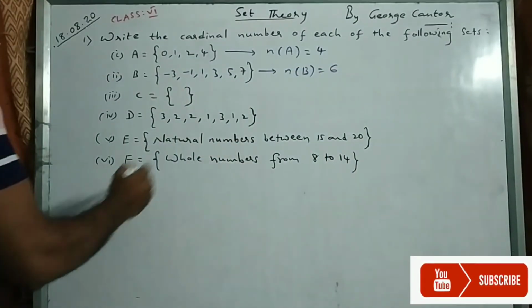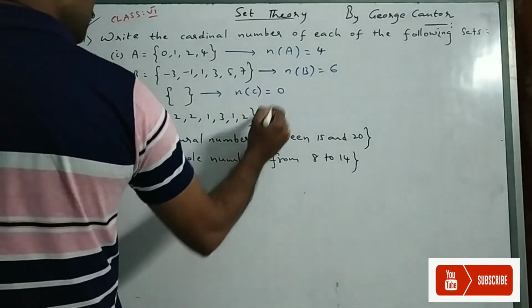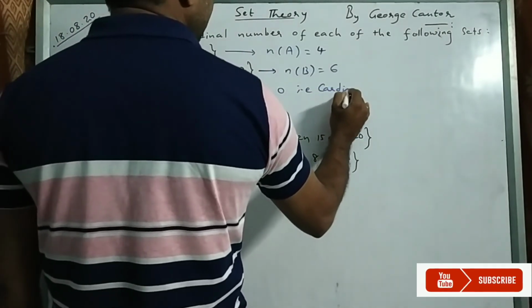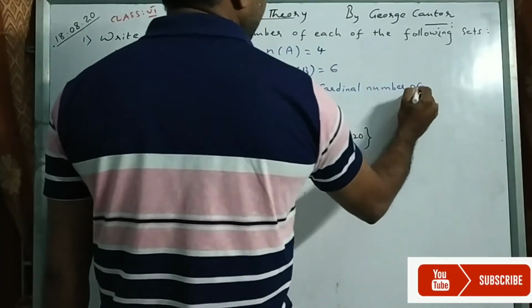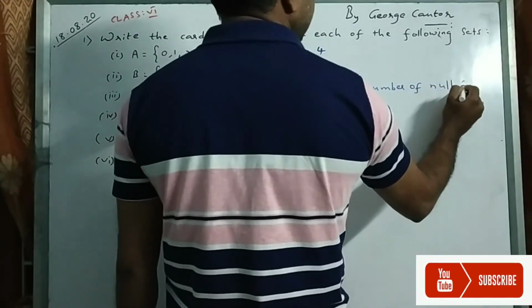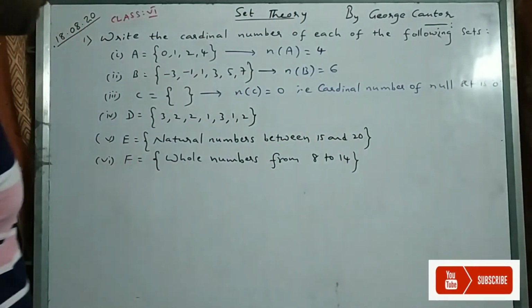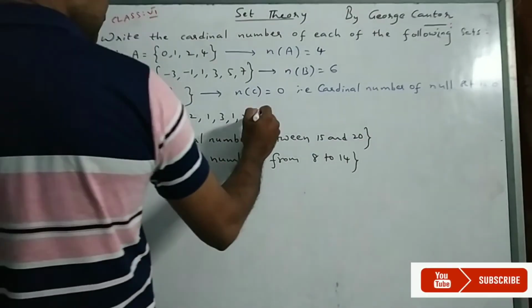Null set: the cardinal number of null set is 0. Number of elements in the null set is 0. That is why we say that the cardinal number is 0.